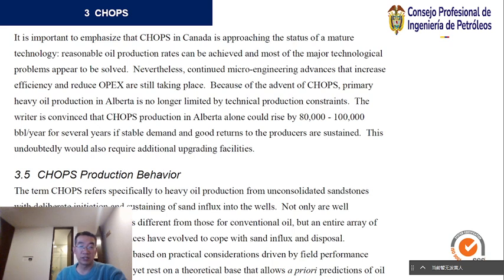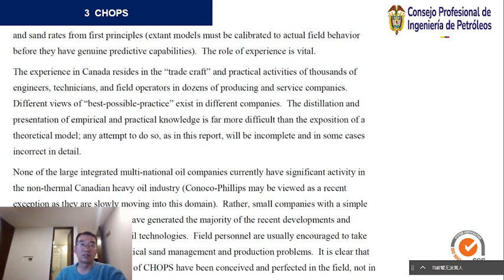Production approaches remain based on practical considerations driven by field performance data, because CHOPS does not yet rest on a theoretical base that allows prediction of oil and sand rates from first principles.